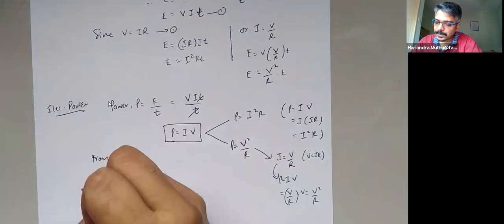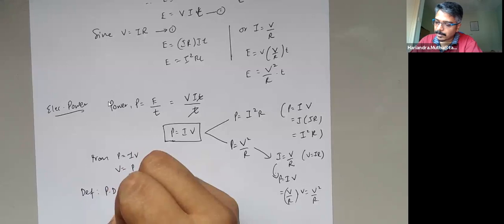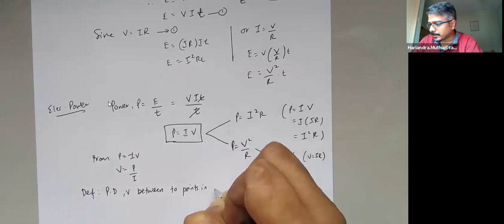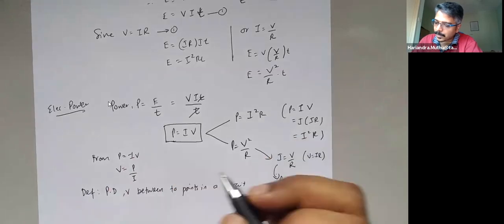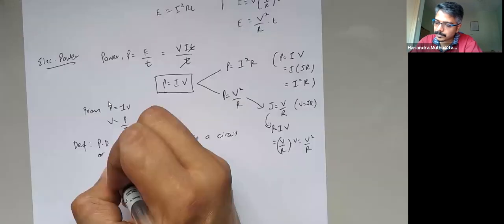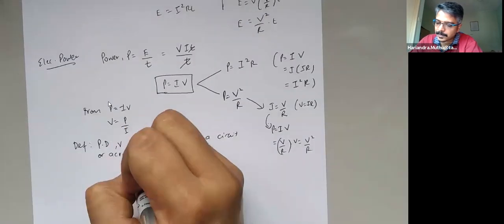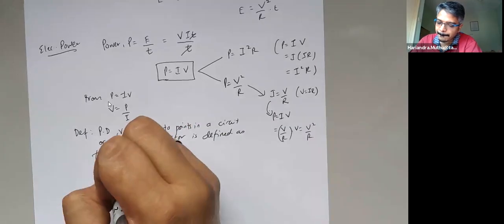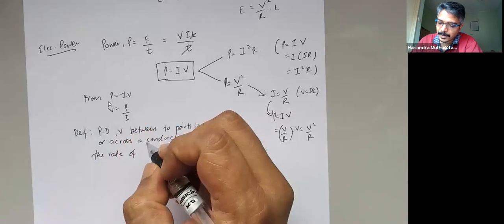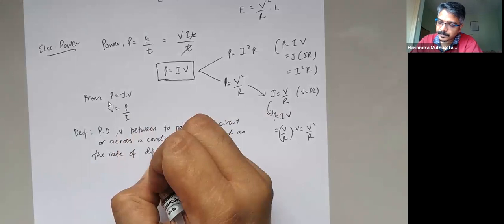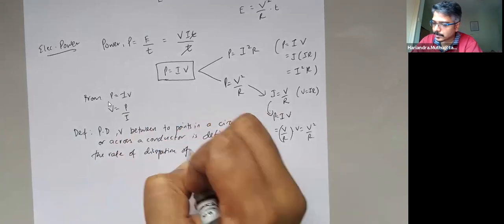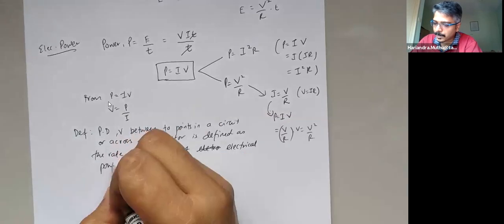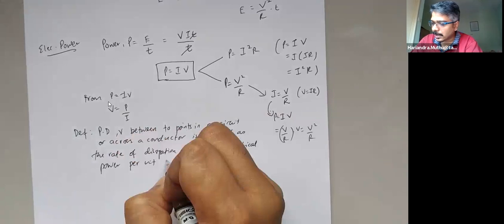So the definition, right? The potential difference V between two points in a circuit or across a conductor is defined as the rate of dissipation of electrical power per unit current I. Right?